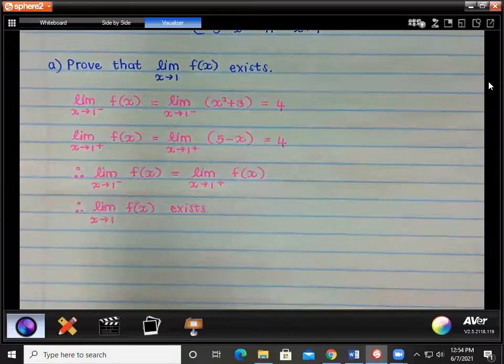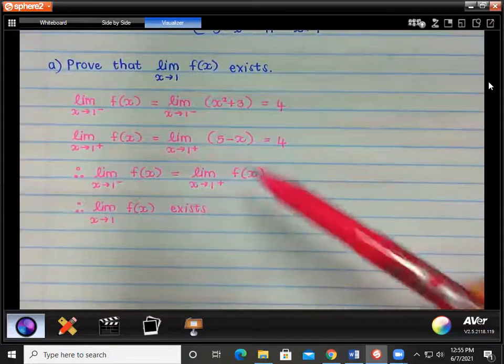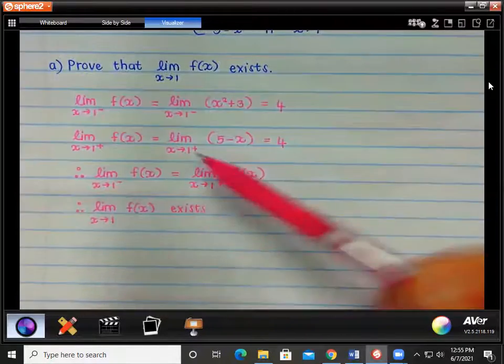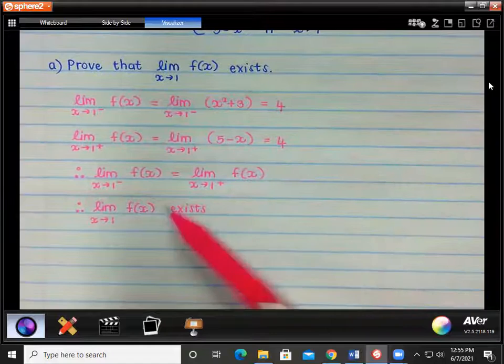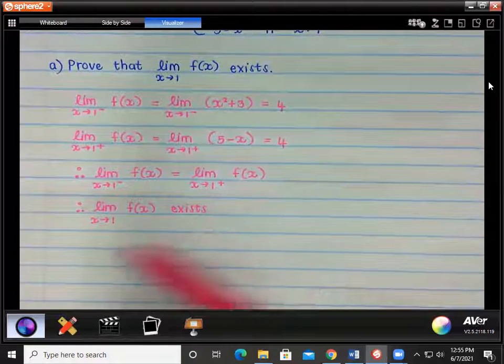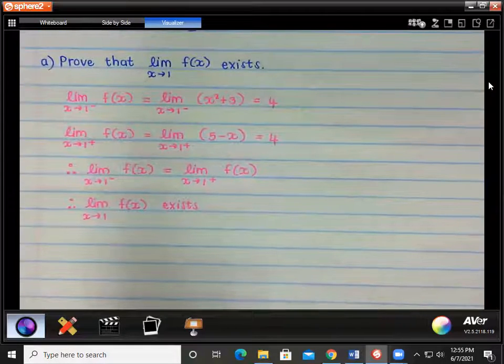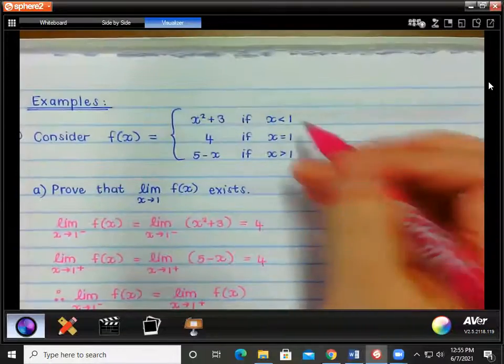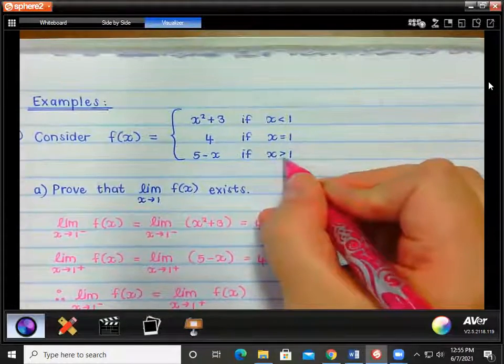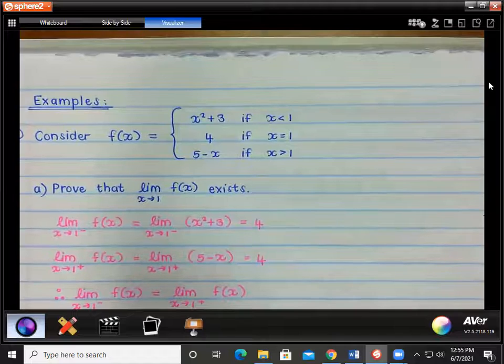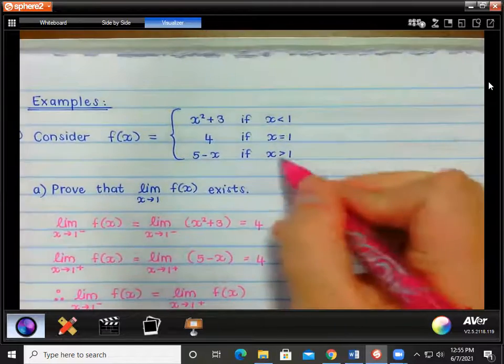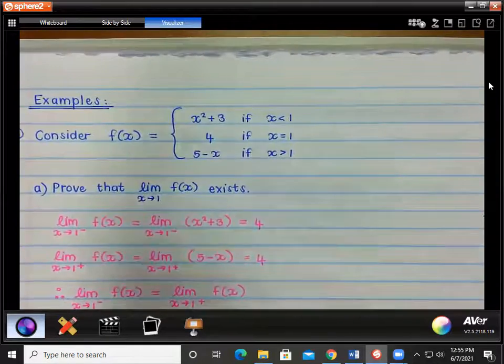That it exists, you would just not have to calculate at 1, and that only comes in if they're asking you about continuity, which is what we're going to do now. But if you've already done this, you don't have to do these two separate ones again. We can just use this one. We can just say that the limit is 4. And if this one was equal to 1 as well, it would also be 4. So you would then just say f at 1 is also 5 minus 1, which is also 4.